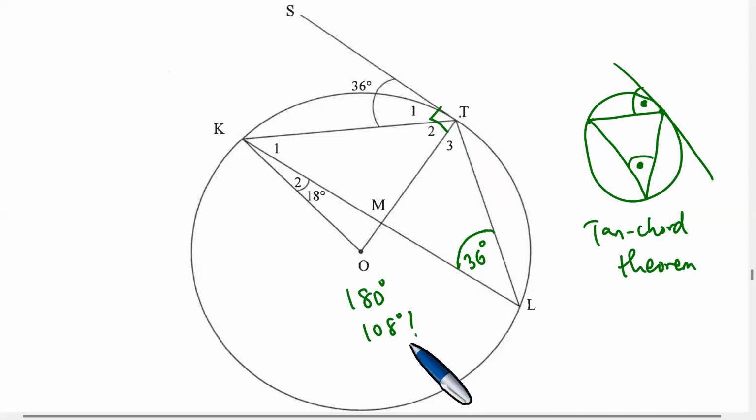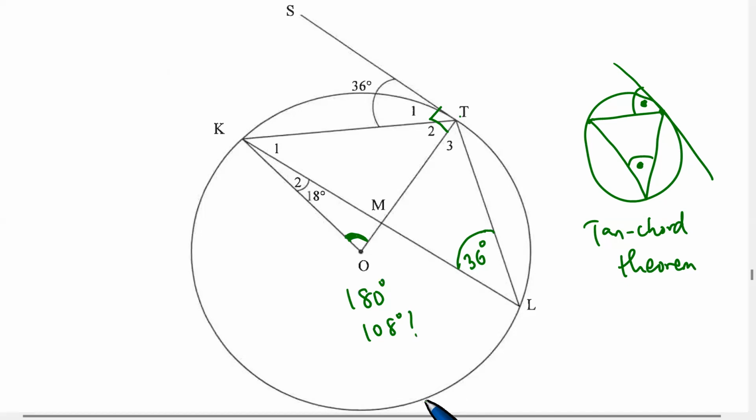You are close, because we're looking for KOT, right? Yes, we're looking for O. So angle at circumference is equal to 2 times angle at center. Okay, you are on point. You are very close.